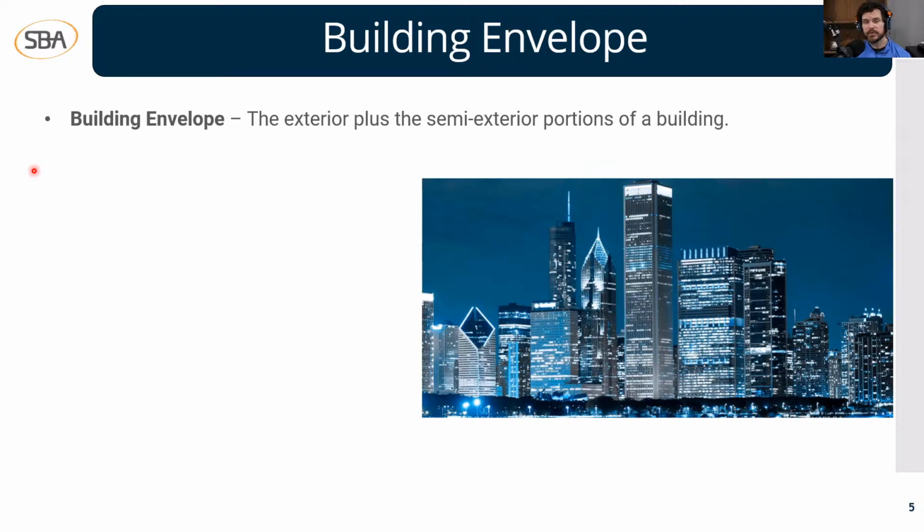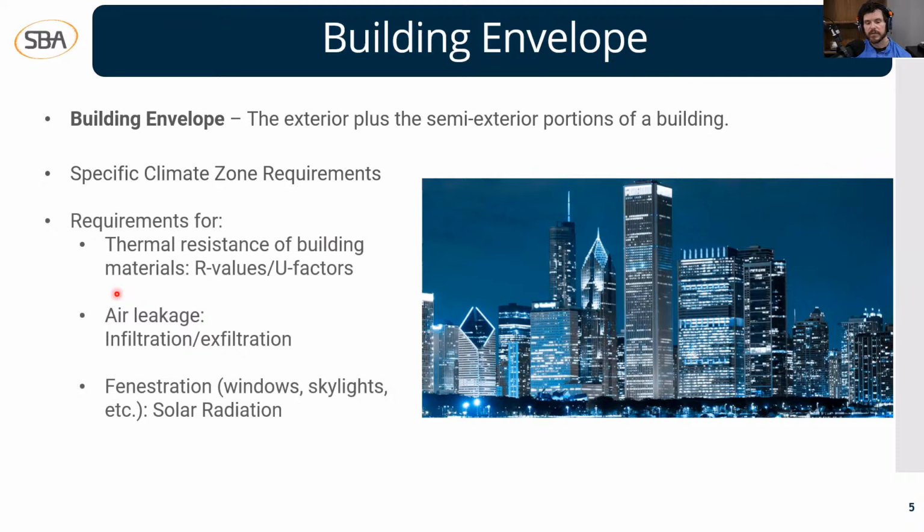So let's talk about the building envelope first. The building envelope includes the walls, the roof, the windows, the foundation. Basically, everything separating indoors from outdoors. So ASHRAE specifies things like your R values for insulation, your U factors for your windows, limits on air leakage and infiltration, and it even includes different requirements based on your climate zone.